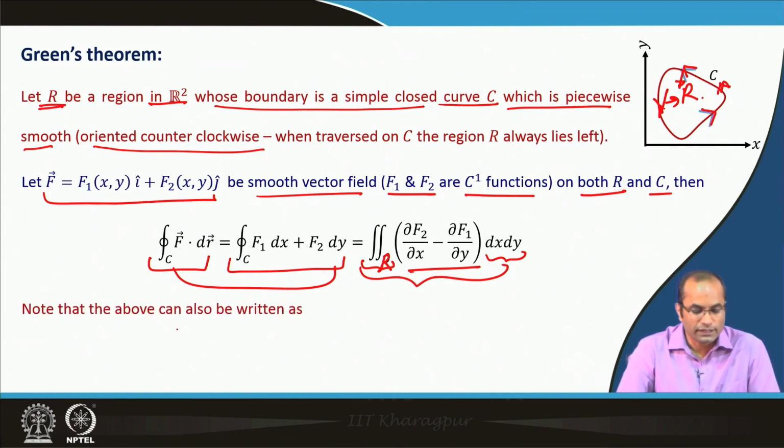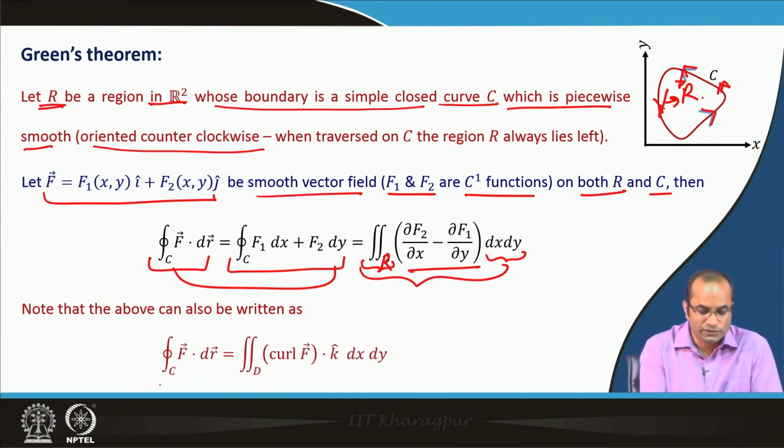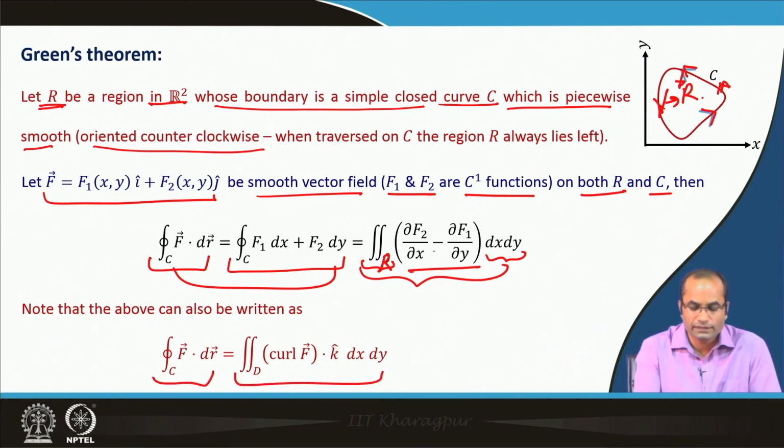Just to note, this right hand side, the double integral over R of the partial derivative of F2 with respect to x minus the partial derivative of F1 with respect to y, with dA or dx dy, can also be rewritten as the integral of curl F dot k.